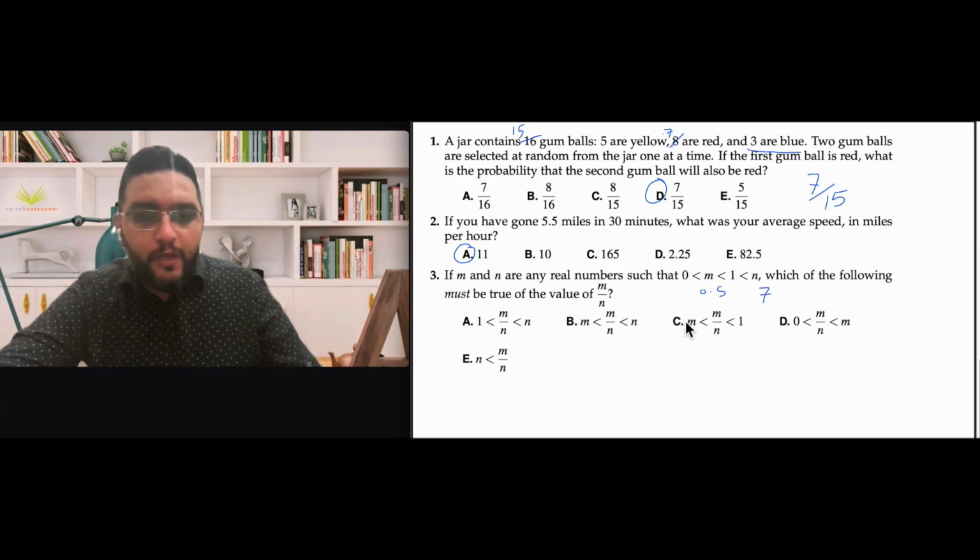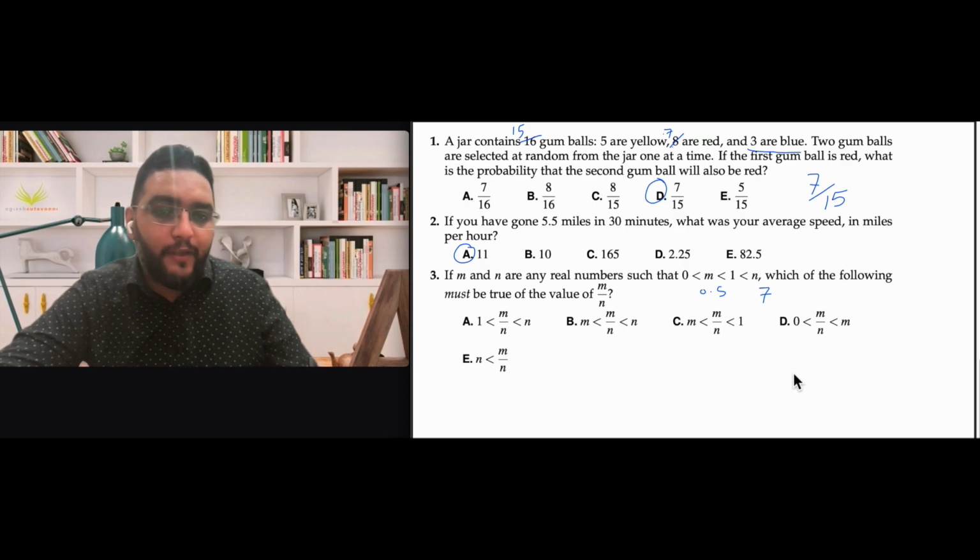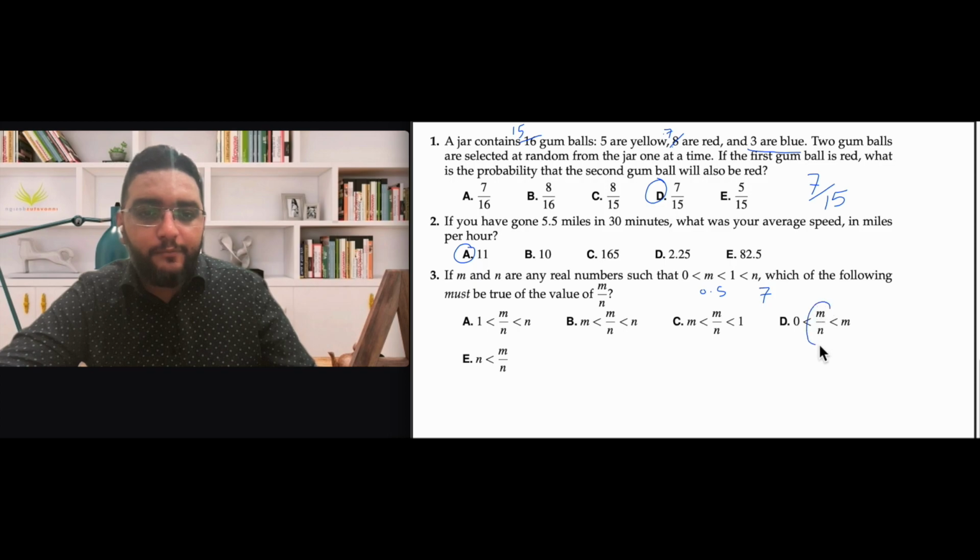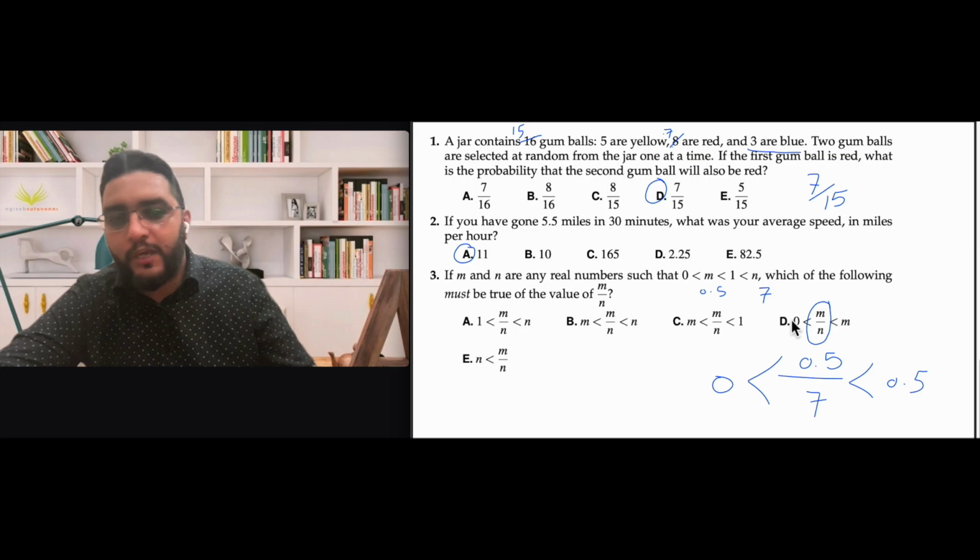You can check from the answers which one is right. If you check, you will find that m over n, which is 0.5 over 7, will be smaller than m, which is 0.5, and all of that is greater than 0. So the answer is D.